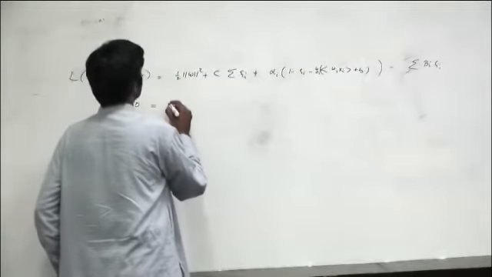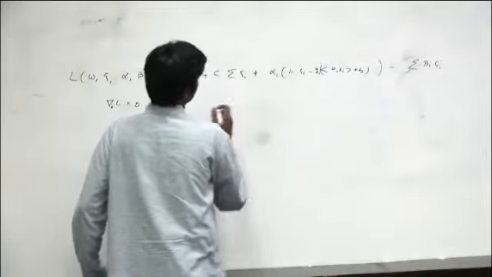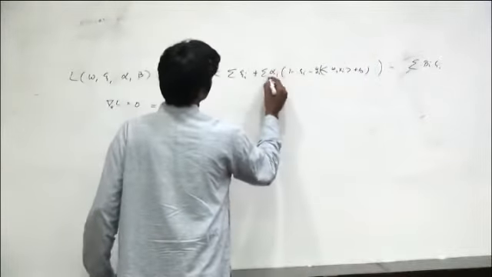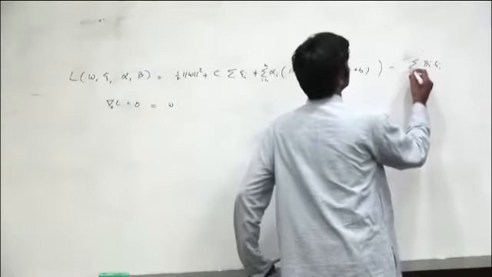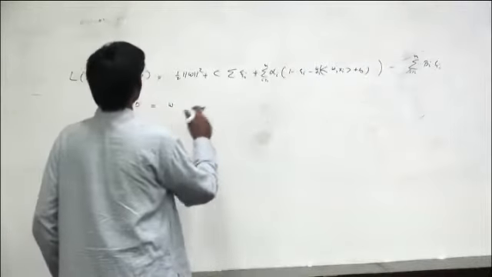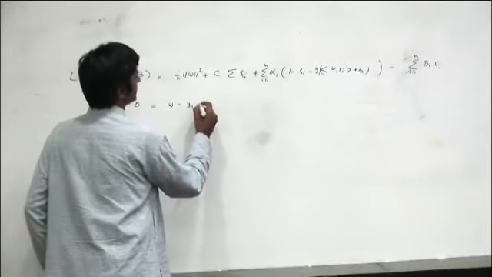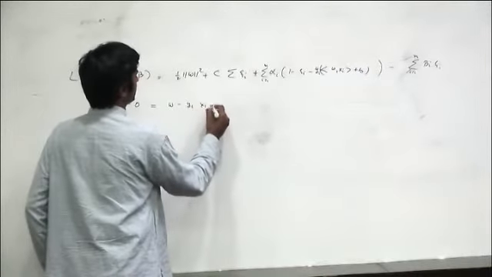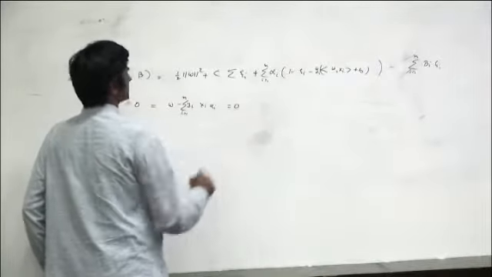Then you get W minus the summation of y_i x_i alpha_i, with i going from 1 to m, and this must be set to 0.